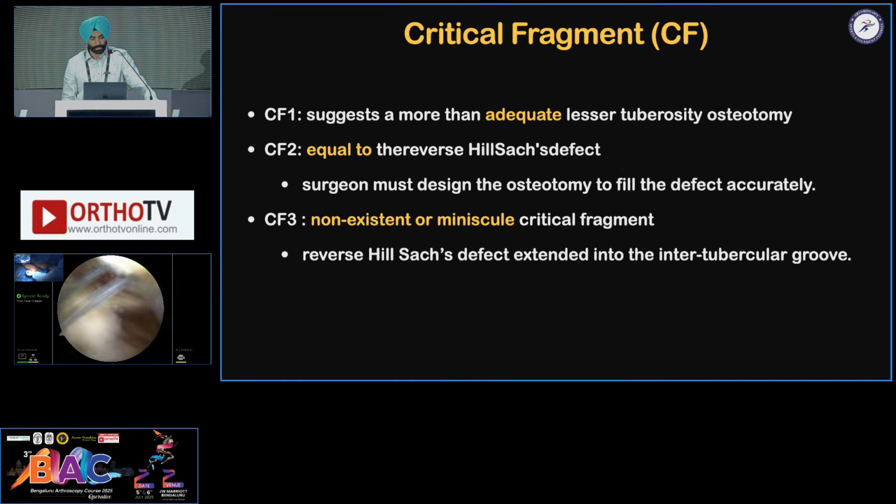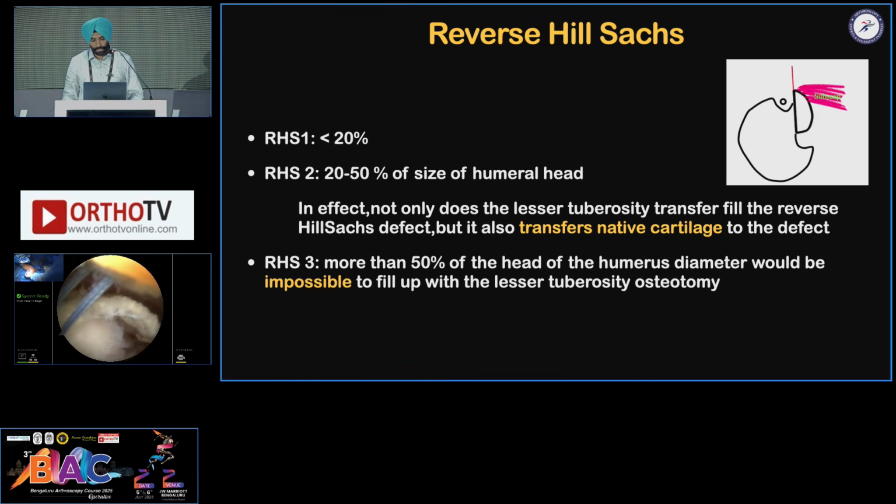And they further classified it into CF1, 2, and 3, from adequate, equal to, or non-existent, or a minuscule critical fragment. And the reverse Hill-Sachs was again classified depending upon the amount of bone loss on the humeral head. So depending upon the bone loss, you have to decide your procedure, or you may have to add on a salvage procedure when there is a bigger reverse Hill-Sachs.